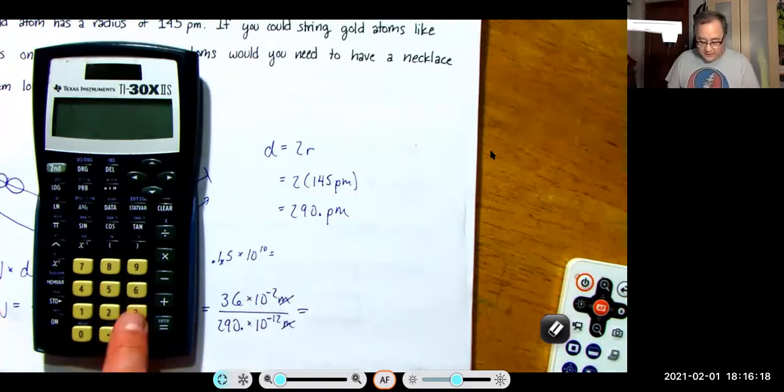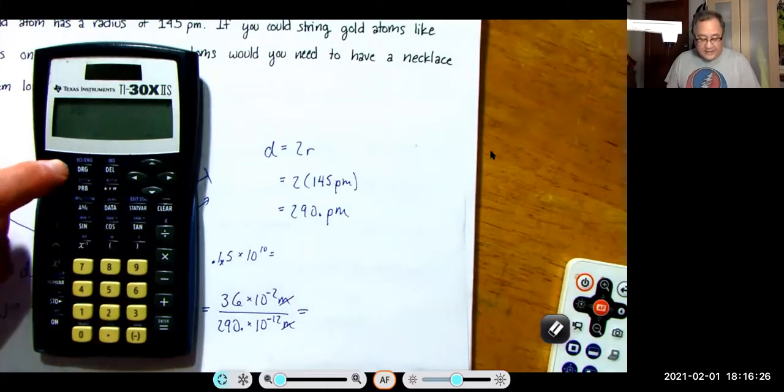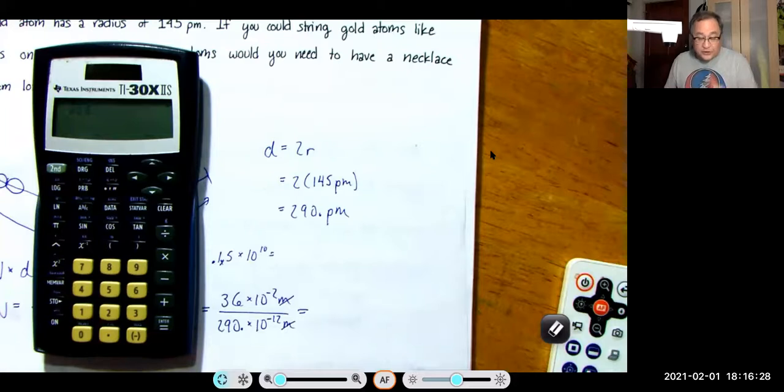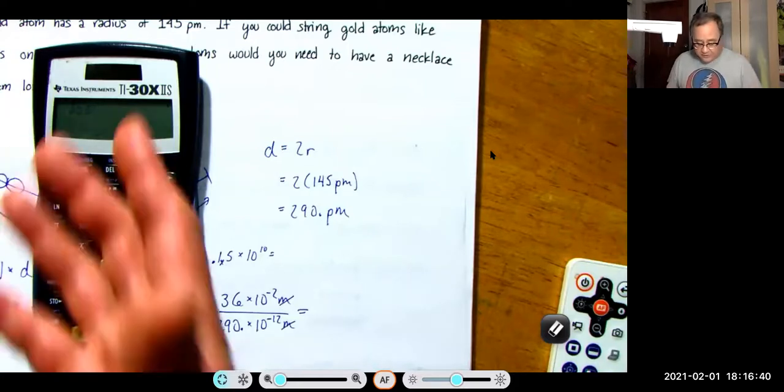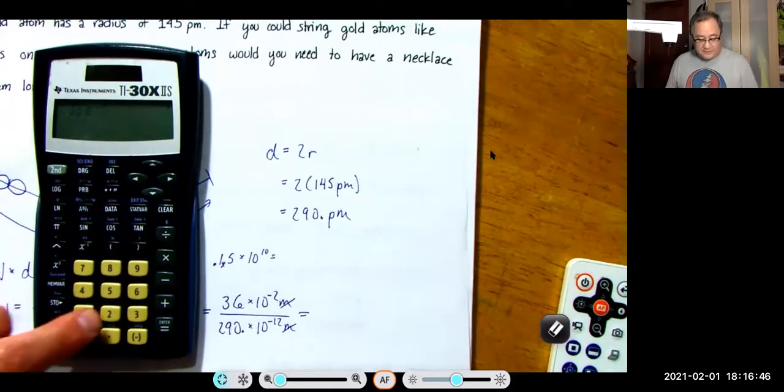So I'm going to hit 36, and you might be able to see that up here, 36. And then I'm going to put second EE. And when I put second EE, I get just one E there, not two. That E means 36 times 10 to the power that follows. So to do a -2, I hit the negative here and the 2 here.